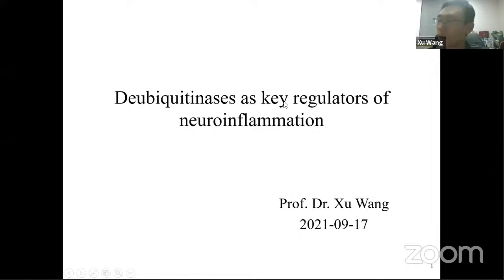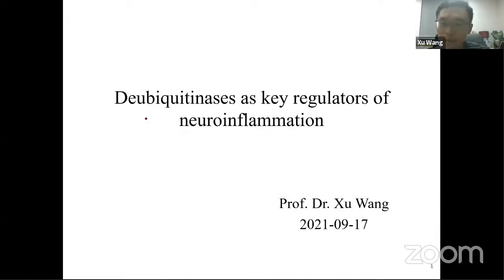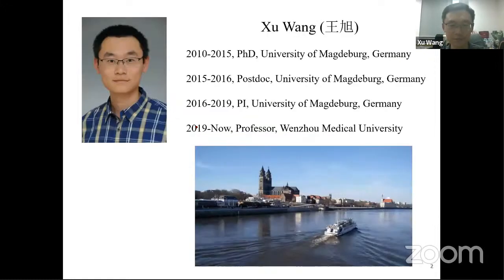Okay, so today I will talk about deubiquitinases as key regulators of neuroinflammation. So two things: first is deubiquitinase, and the second one is neuroinflammation. We have to link deubiquitinases with neuroinflammation. So what are deubiquitinases?